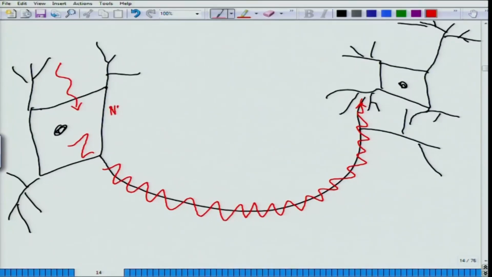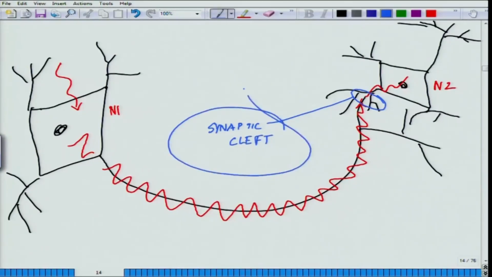If this one is neuron 1, this one is neuron 2, how does it transmit this signal from here to here? So, this particular gap is called a synaptic cleft. We will come in depth into this, and talk about all the dimensions of the synaptic cleft.